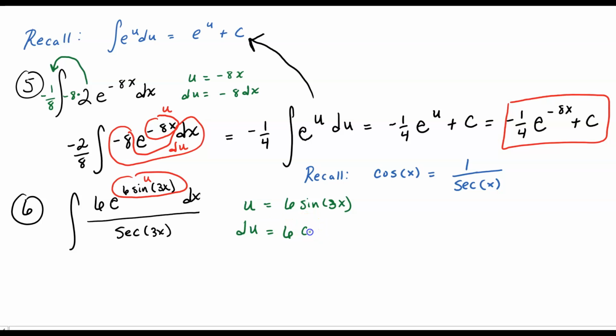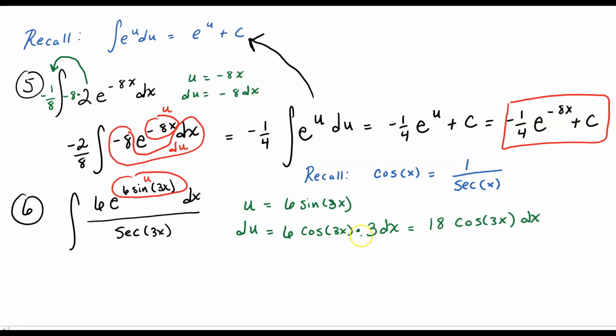Derivative of sine is the cosine of 3x multiplied by 3, the derivative of the inside, and then dx. So that's going to work out to be 18 cosine of 3x dx. Okay, so nothing to it there. And it's actually really nice.